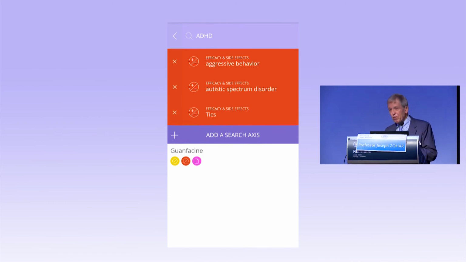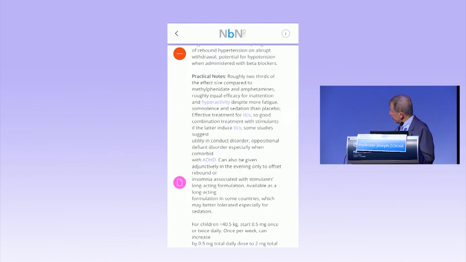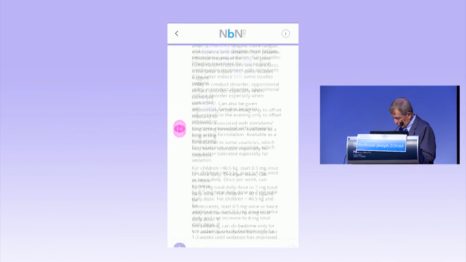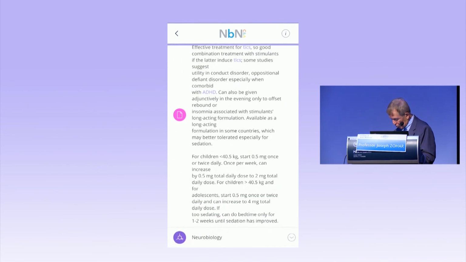So now we zero down on medication that works for children with ADHD, aggressive behavior, autistic spectrum with tics. We touch on this medication and we see all of these issues there. Again, in the practical note, we see some recommendation about how to use the medication, and there are some recommendations regarding the dose.